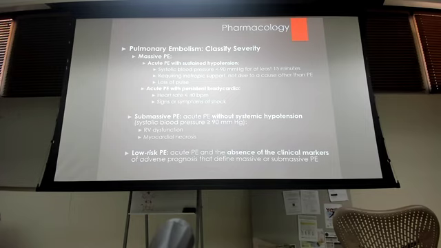And then you have a low risk PE. There's no hemodynamic compromise, no right ventricular strain, and you have normal biomarkers. And we talked about biomarkers, and I told you there were a whole bunch of them that we look at for our MI patients, such as troponin, among others.